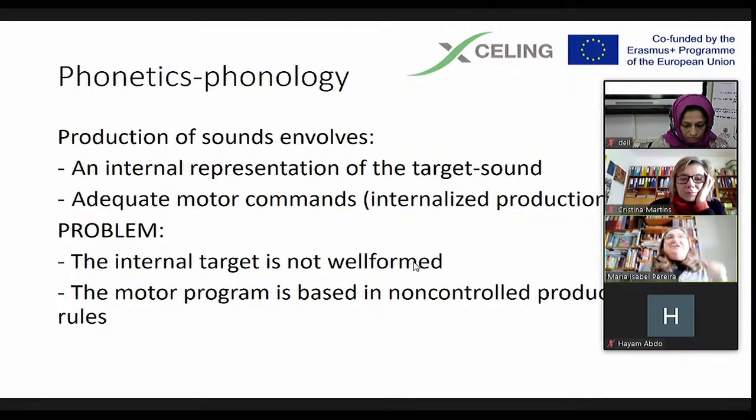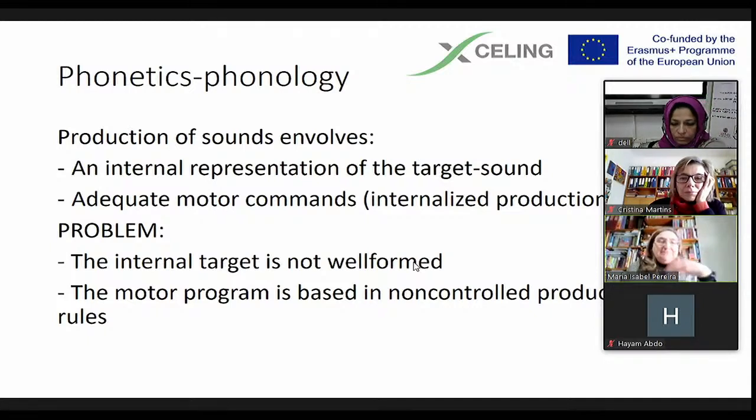It's true that when you learn a second language, you already can produce quite a vast number of language sounds.